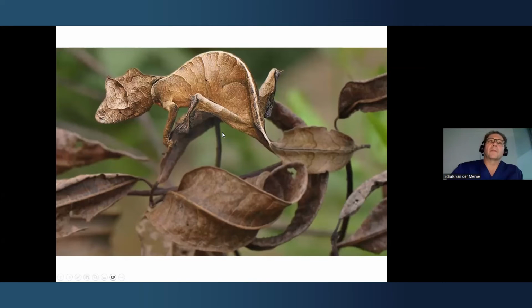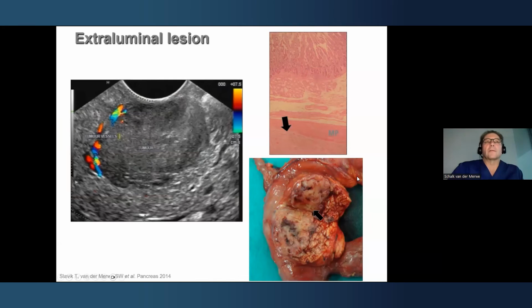So I will implore everyone doing EUS to really sit down with their supplier, be it Pentax, Olympus, Fuji, or Loka, and really sit down with them to identify what are the best settings so that you can always have default settings that you can use in order to identify your pathology with greater certainty.